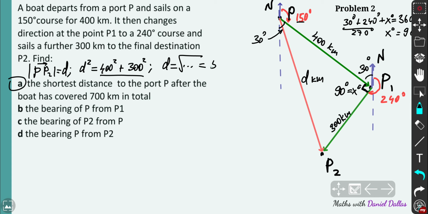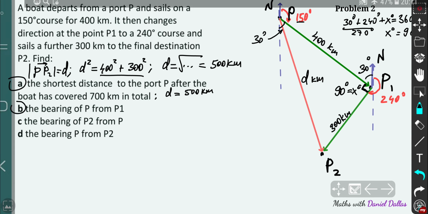We've got 500 kilometers. So now we know that distance d is going to be 500 kilometers and that's the answer. This is the displacement from the original position P up to P2. And actually, this is the magnitude of displacement, because displacement is a vector.